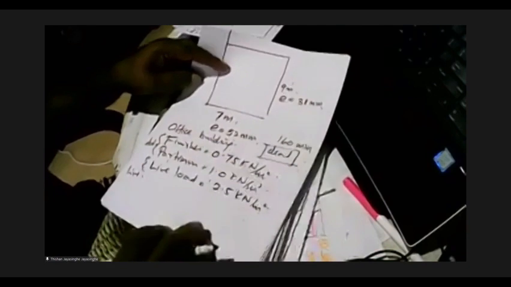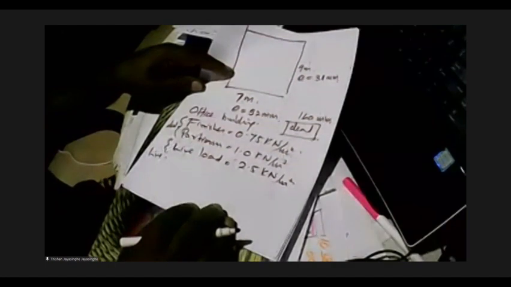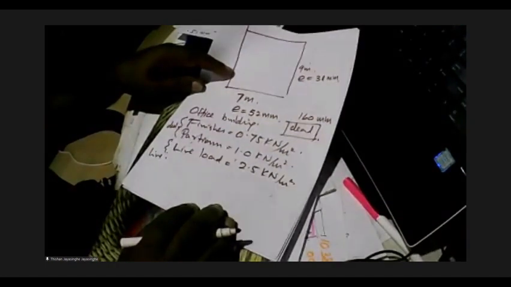The self weight is already compensated, and we have selected a pre-stressing of 1 Newton per millimeter squared in the longitudinal direction, and a pre-stress given by a force of 400 kilonewtons per meter in the other direction. Now we want to see what are the stresses that will occur.